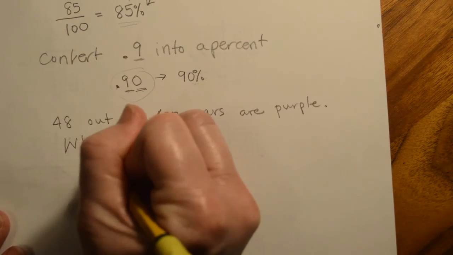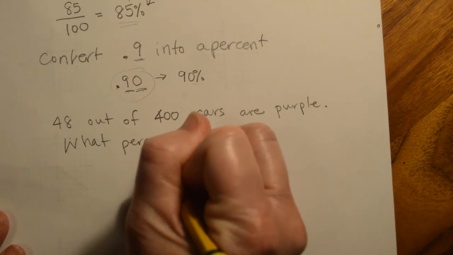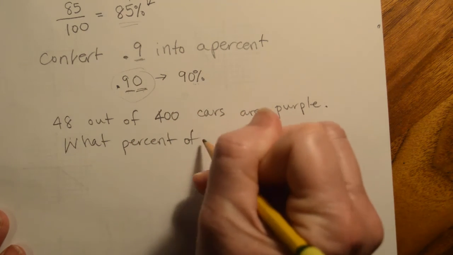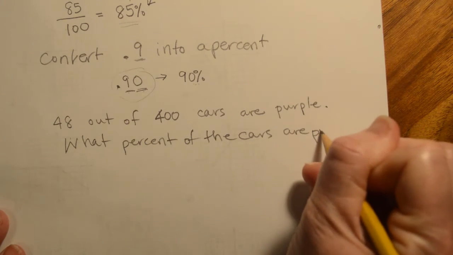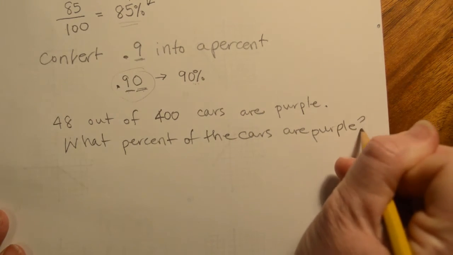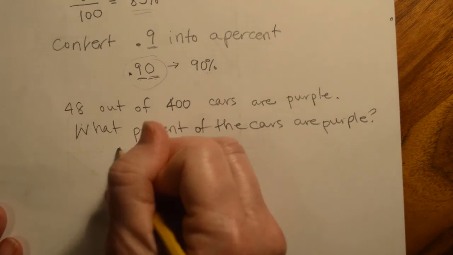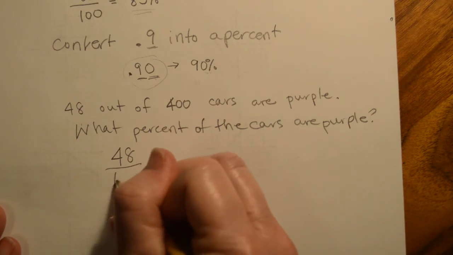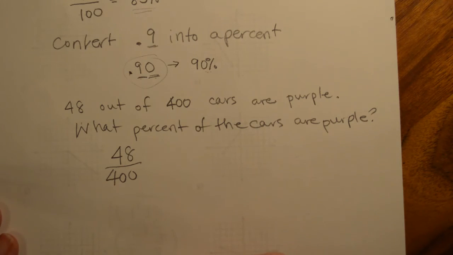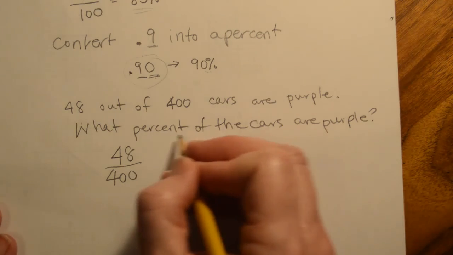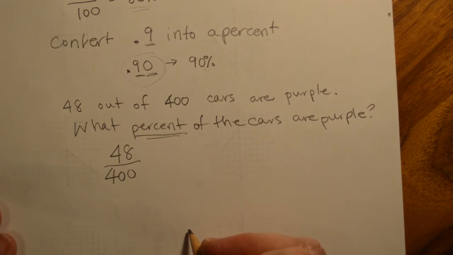What percent of the cars are purple? All right, so we could say 48 out of 100, nope, out of 400 are purple. All right, and it's asking us to convert it into a percent.